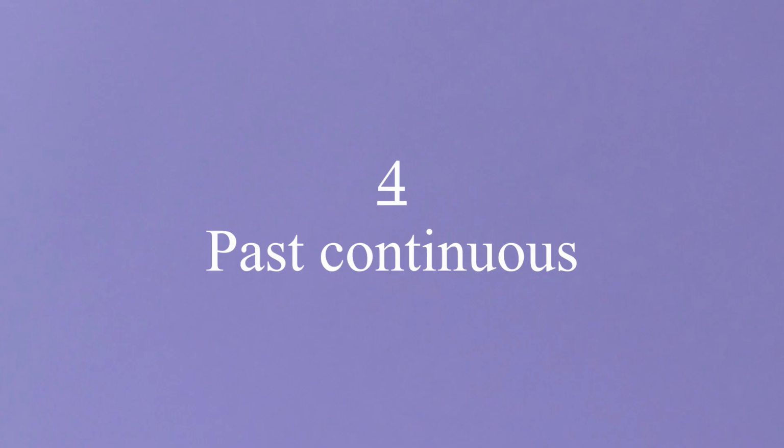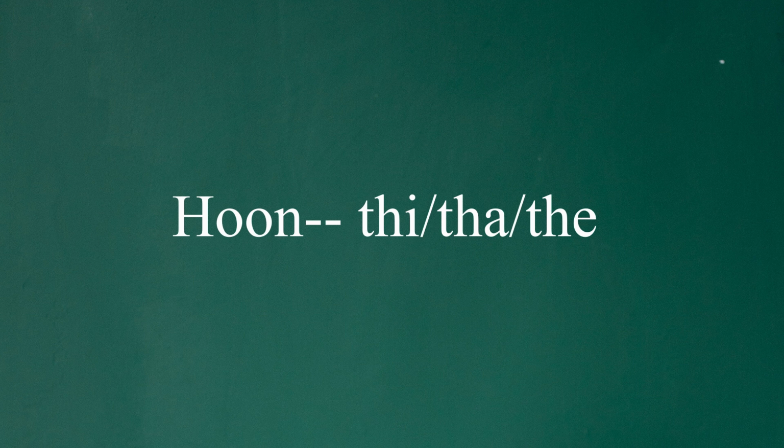Now the other tense that we're gonna discuss is similar to the present continuous tense, but it's the past continuous tense. So past continuous tense is very similar to the present continuous, right? But instead of who, you will say thi or tha, just like the past habitual tense. So past continuous is something you have been doing.